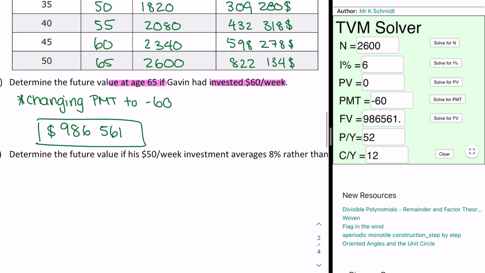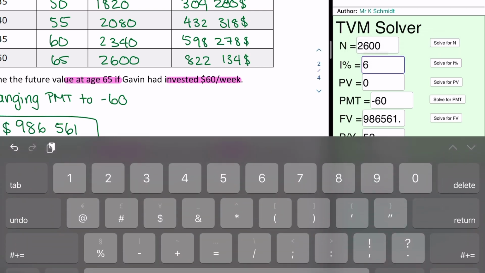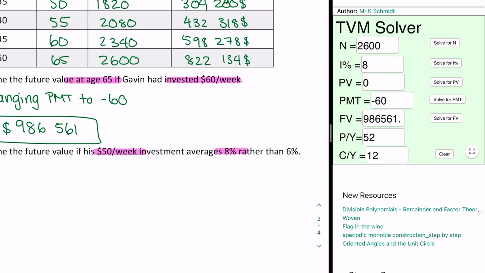And then here, this one here is to determine how much he would make if he was averaging 8% with the $50 a week instead of 6%. So we're going to change our investment here to 8, go back to 50, and solve for FV. Once again, if it wants to do it, there we go.